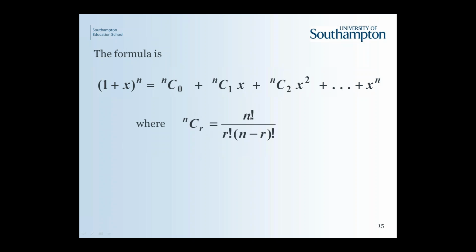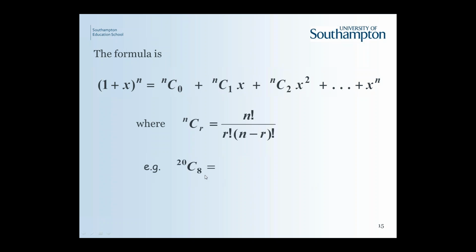So you've got your n factorial over r factorial times n minus r factorial. In this case, the r is each power as we're going along. So the r is always the same as the power of x.